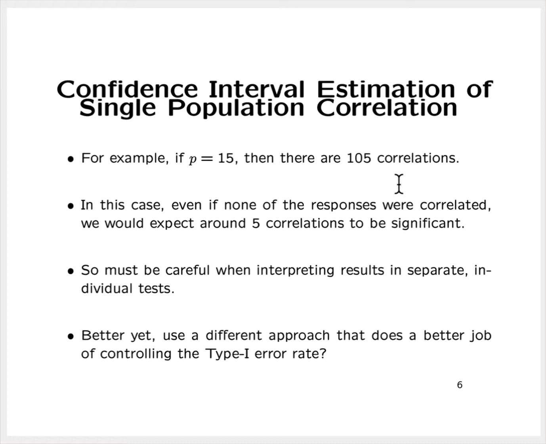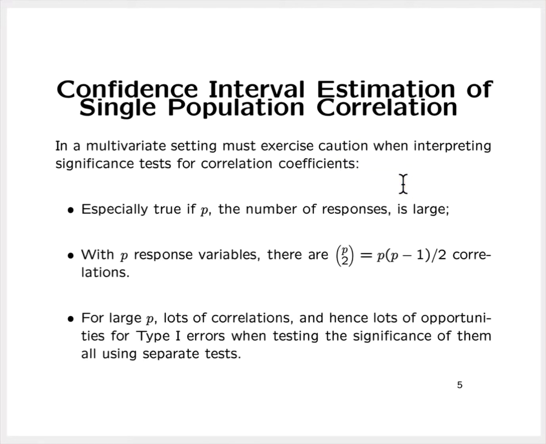For each possible correlation, it will perform, by default, a test where the null hypothesis is that the correlation coefficient is 0 against the alternative hypothesis that the correlation coefficient is not 0. And for 15 response variables, there are going to be 105 hypothesis tests. And so there will be 105 opportunities for type 1 errors.